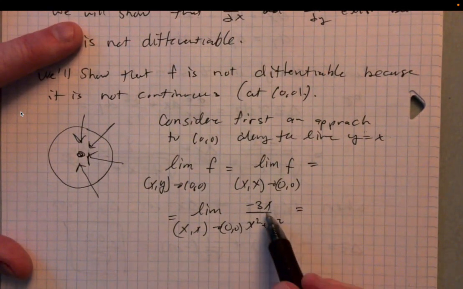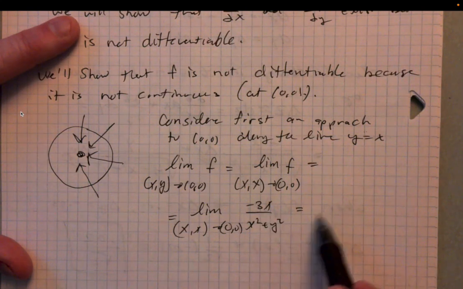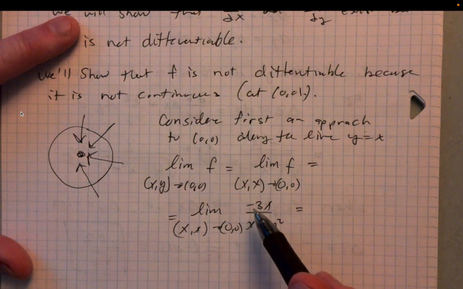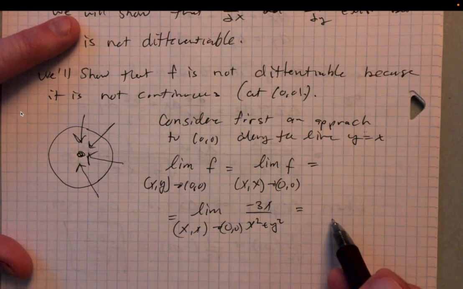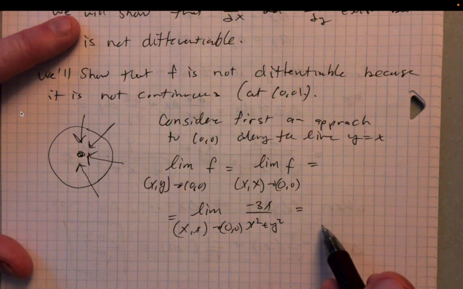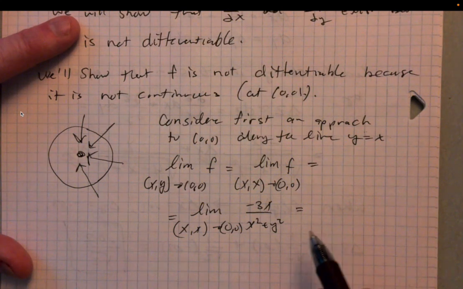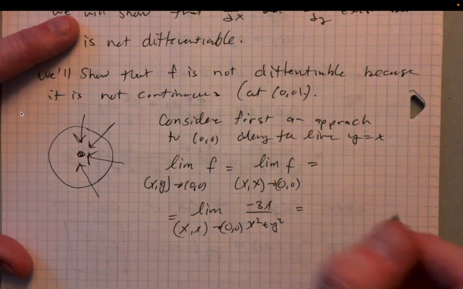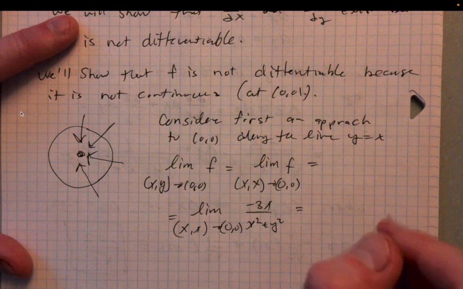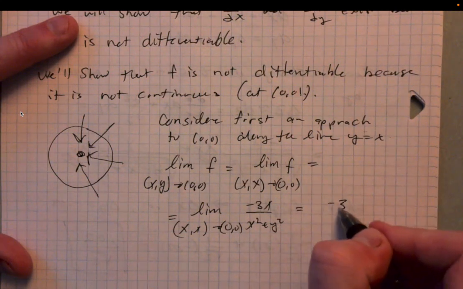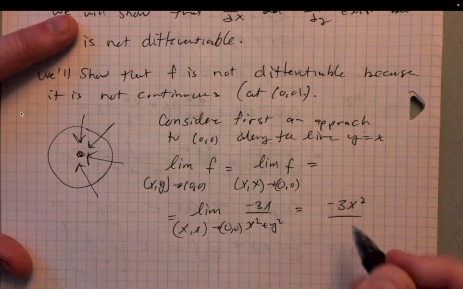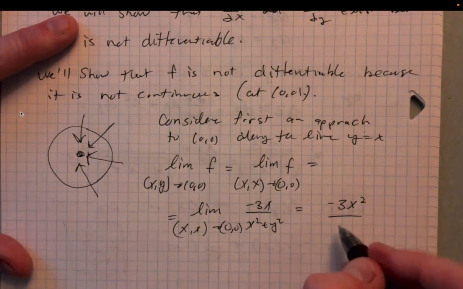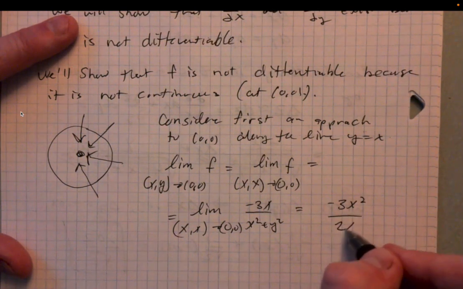Well, this is going to be, hold on a sec, did I write this down wrong? Yeah, no, that's okay. So the top is negative 3x squared, and then the bottom will be just 2x squared, right?